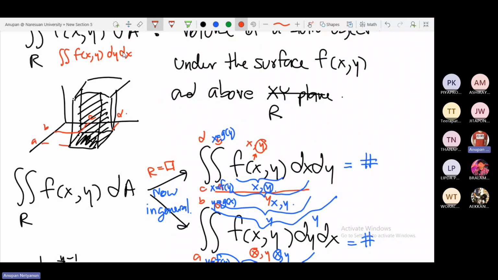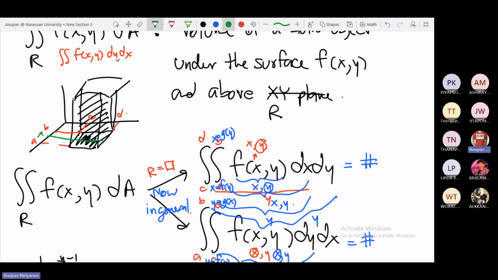What I did is integrate with respect to y, so x is fixed first. You fix any x, so you get this line.